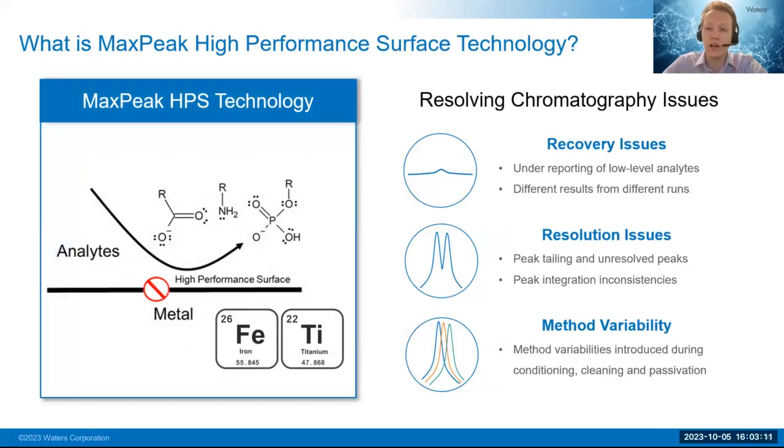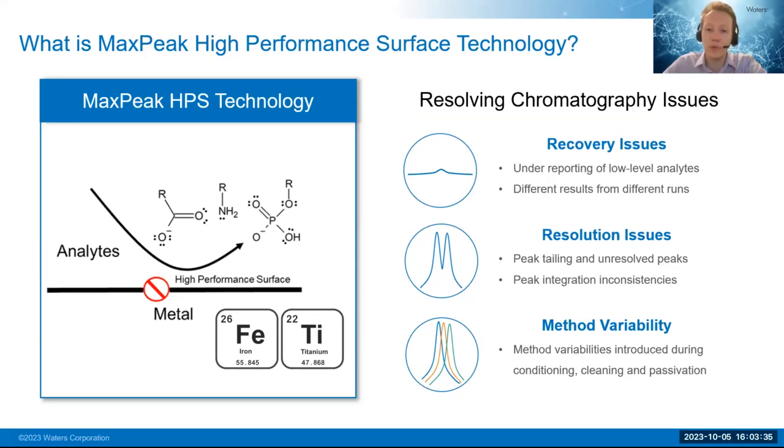To calibrate the audience on some of the systems and columns we'll be using in this presentation, MaxPeak High Performance Surfaces are a new and innovative technology that's designed to increase analyte recovery, sensitivity, and reproducibility by minimizing analyte to surface interactions.